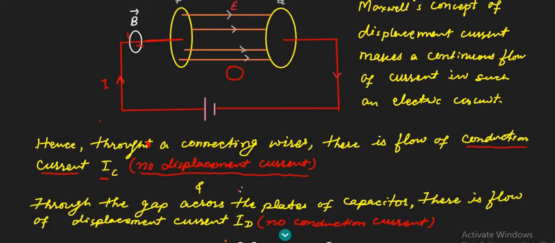Through the gap across the plates of the capacitor, there is a flow of displacement current, which is ID, and no conduction current, because this is not connected directly by any wires.